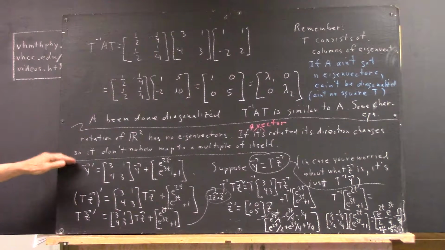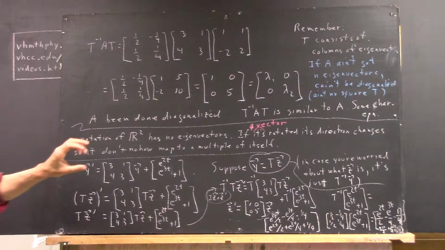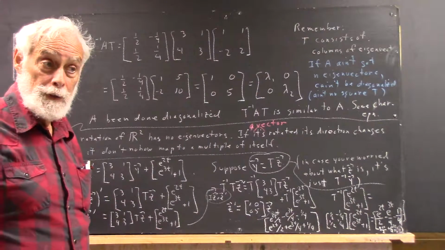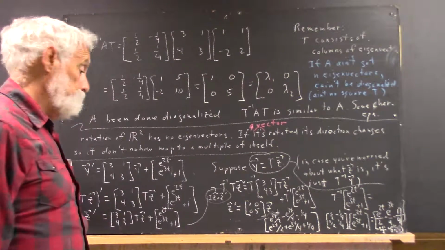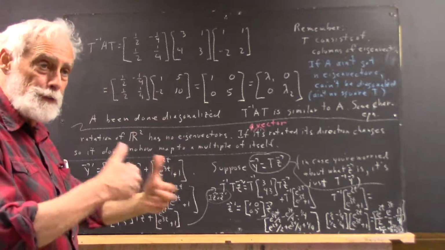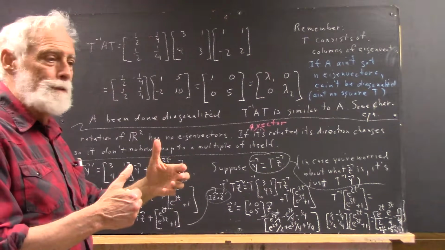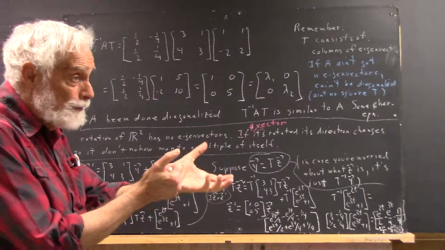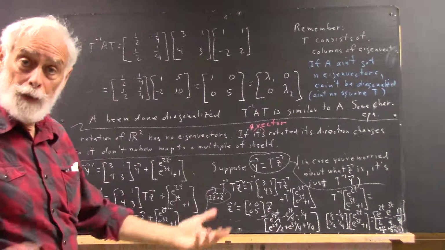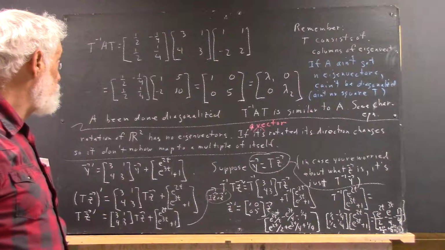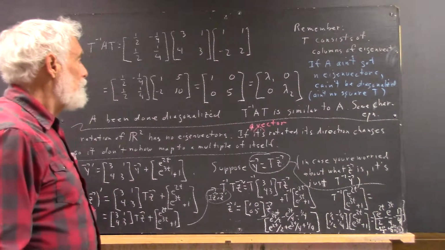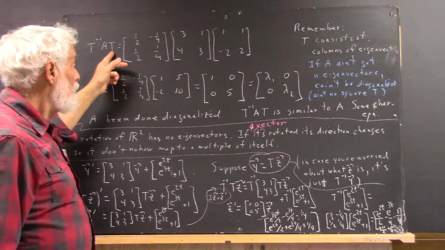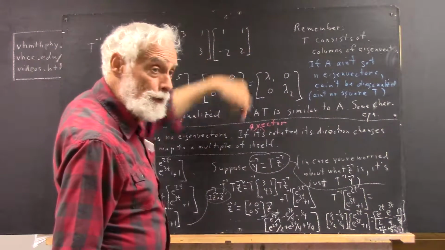So that's kind of important to know. Not every matrix will have eigenvectors. And when you get into higher dimensions, you might have whole subspaces that have eigenvectors, but you might also have other subspaces that get rotated in some way and don't have any eigenvectors. So as a result, it's not always going to be possible to write down your T matrix, because your T matrix has to have a full set of eigenvectors.